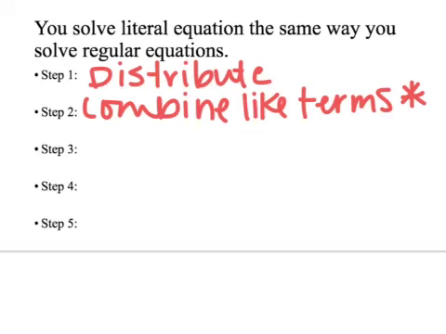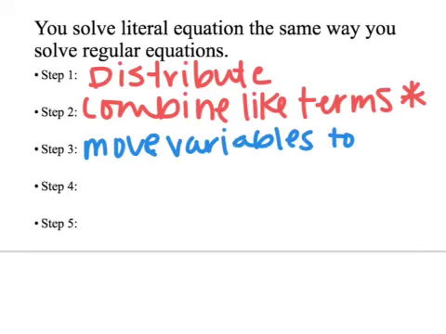Okay, this next one you'll move variables to one side. This one you won't really do either. Most of the formulas are just all variables or mostly variables, so everything you're doing is moving the variables.